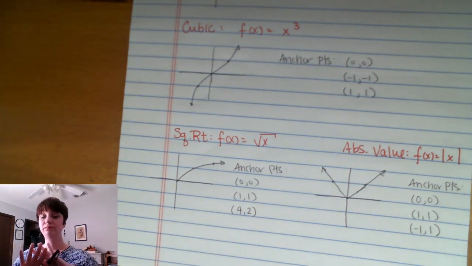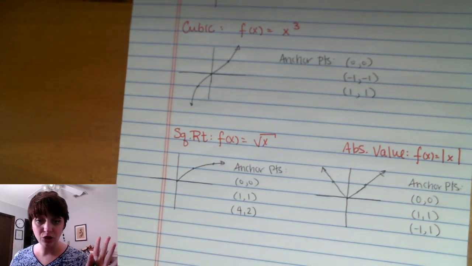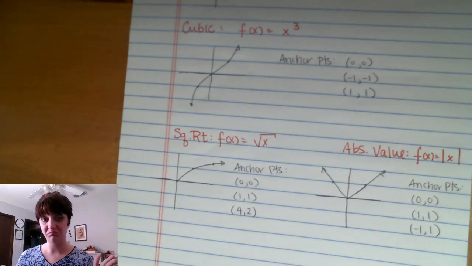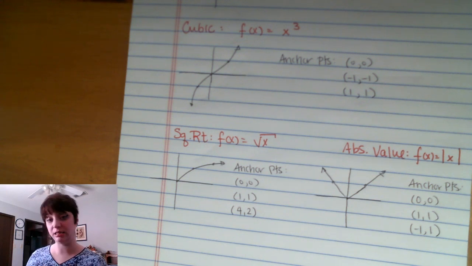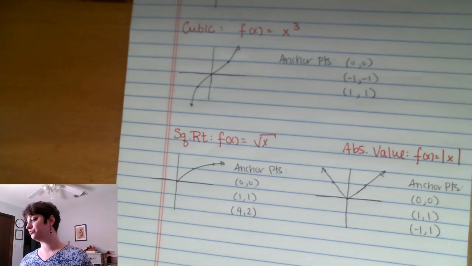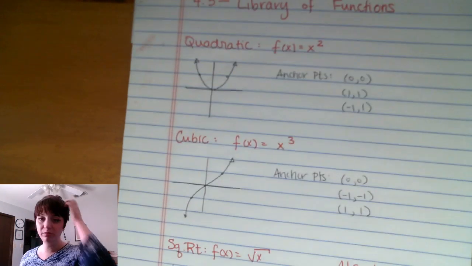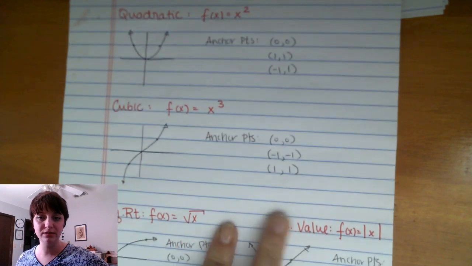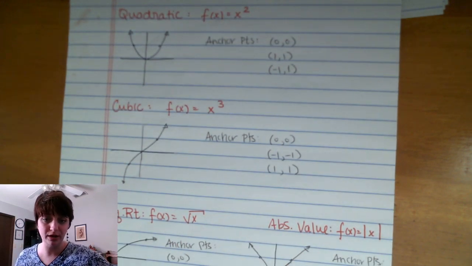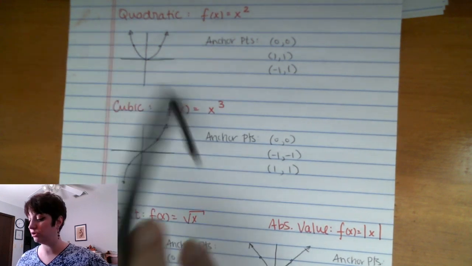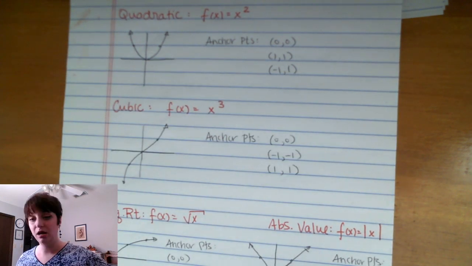Now, technically, you can pick any points you want to use as your anchor points. I'm just giving you the 3 easiest points to use, okay? So, probably for an exam or something, I would just have this, since it's technically open book, right? I would just have this list so that you know your shape and your anchor points.